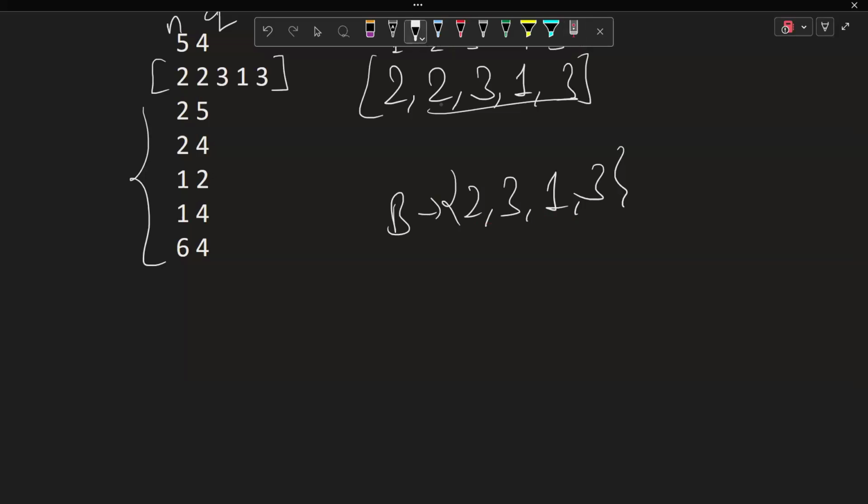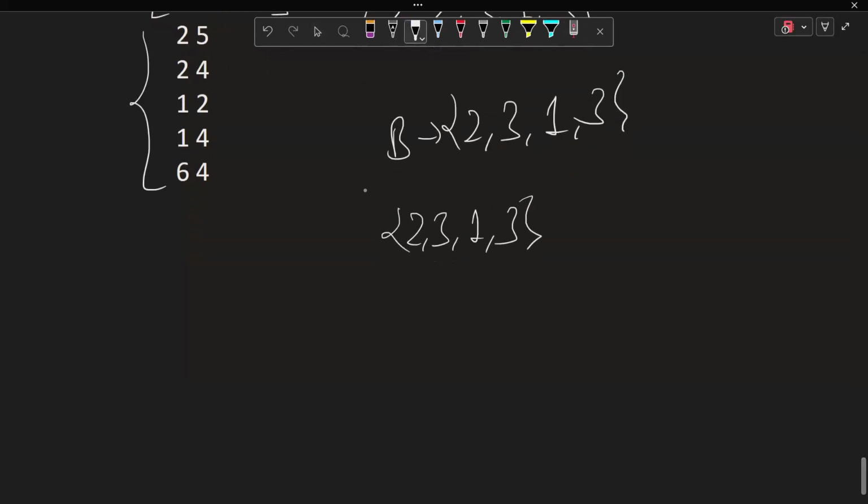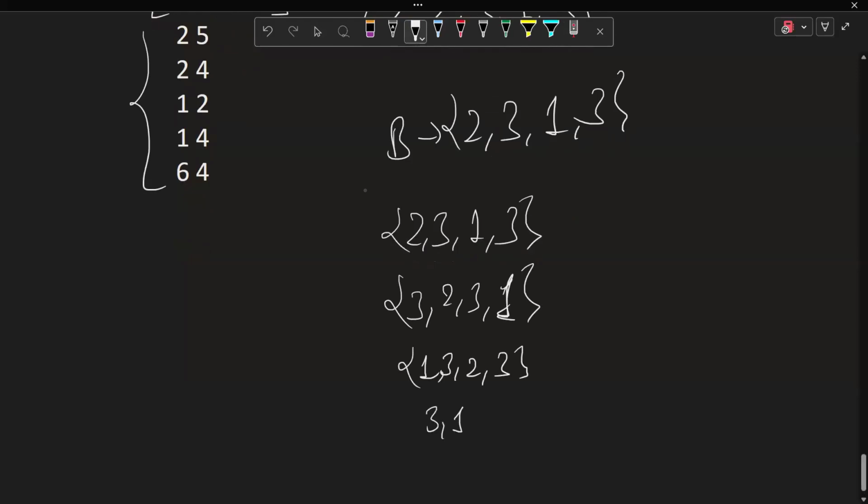So what would all the cyclic shifts be? One is this same array. Then you cyclic shift it: 3, 2, 3, 1, where this 3 goes ahead. Then again cyclic shift it: 1, 3, 2, 3. Again cyclic shift it: 3, 1, 3, 2.